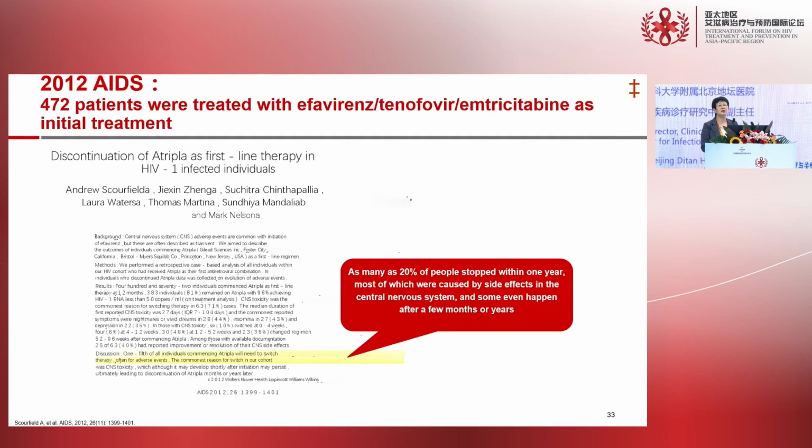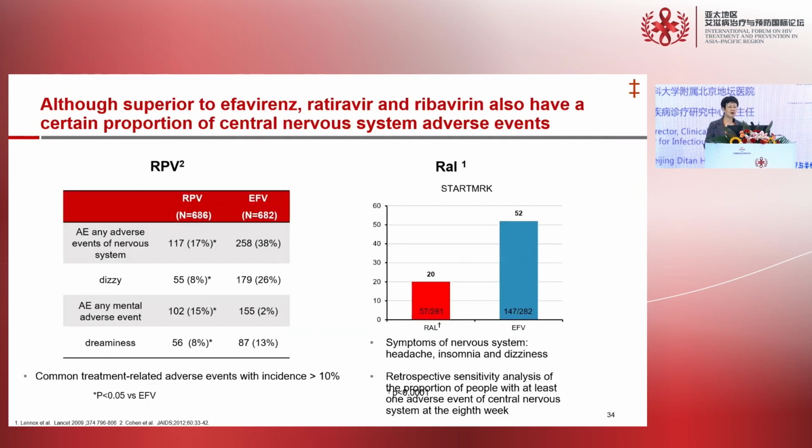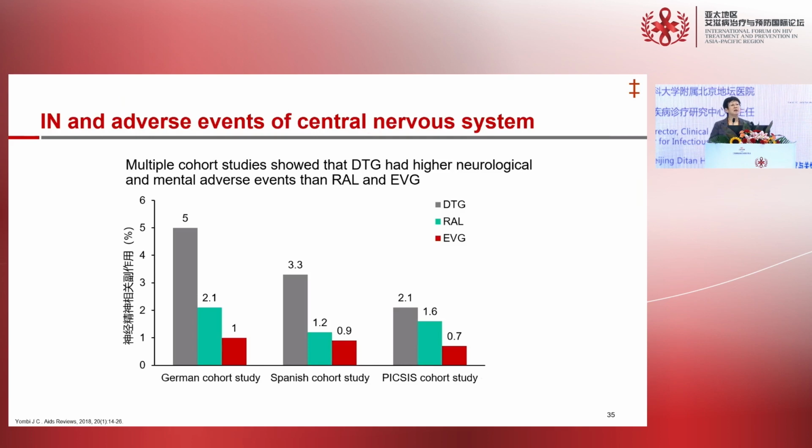Here are studies from 2012 that mentioned a 20% risk from EFV, and here are the risks across the board. Except for the NRTIs, the other agents come with central nerve damage.